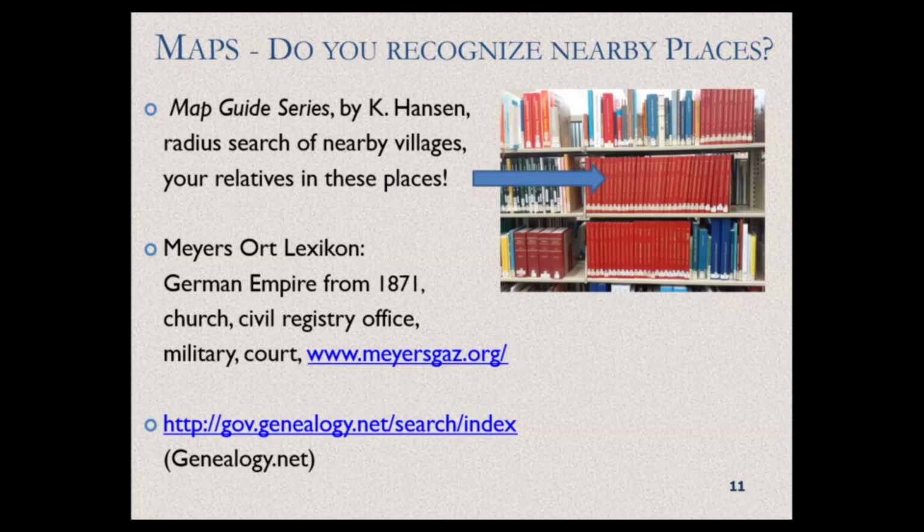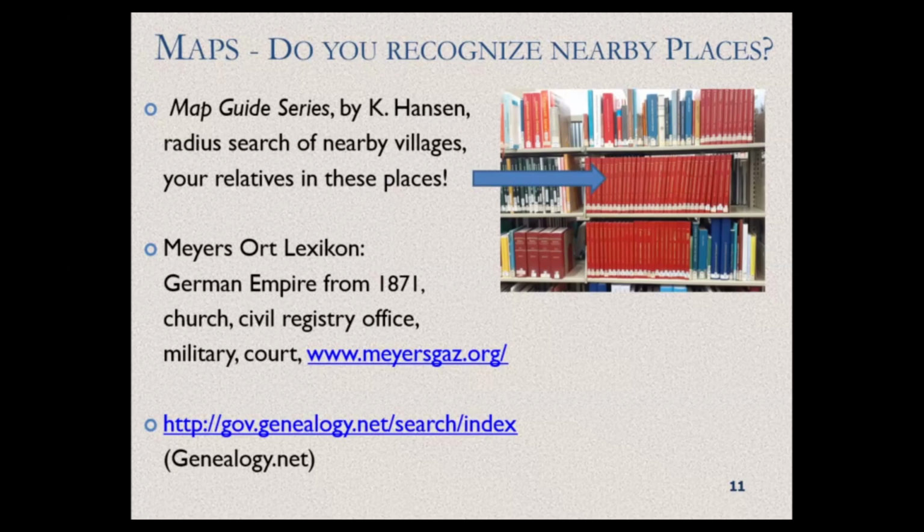Then Meyers Orts lexicon, which was not created for genealogy, but serves us very well. Everything was listed there in abbreviations. It was created for transportation purposes, but it gives that administration exactly through the time when it was the German Empire. So you can find where the closest church was for your place.